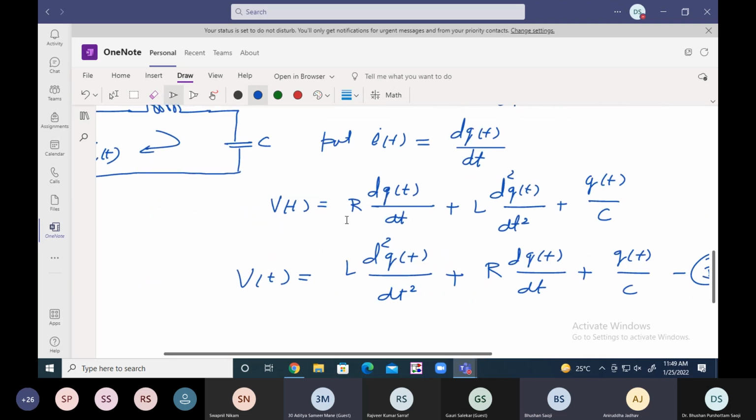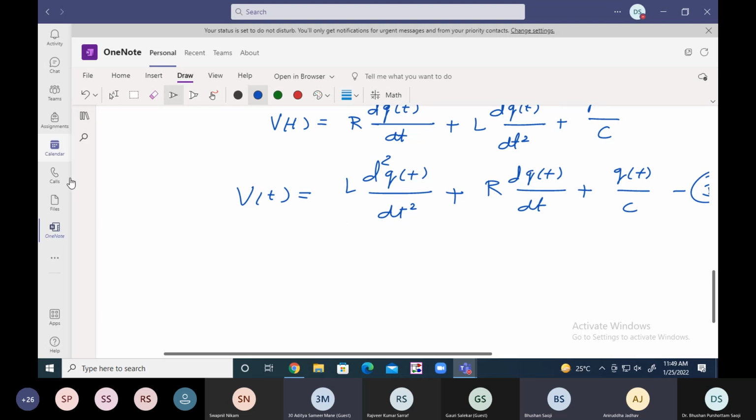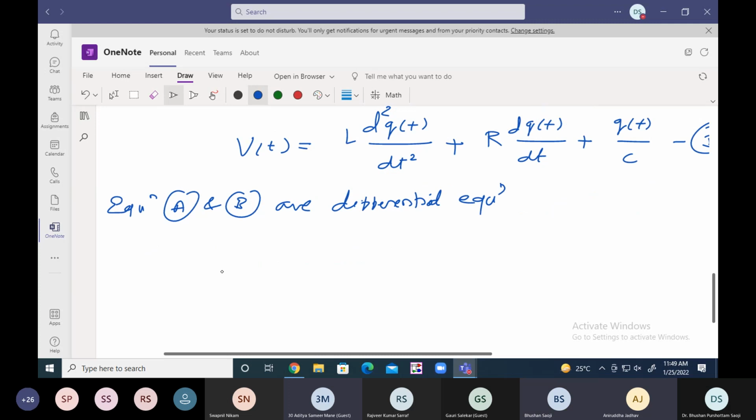Both are differential equations. Compare equation A and B.